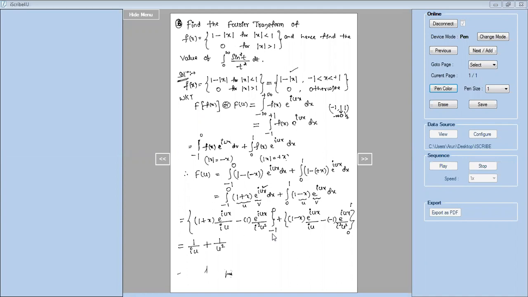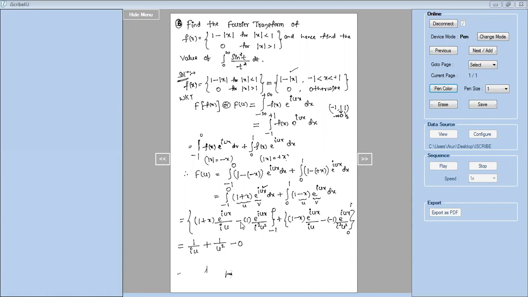Next, lower limit, put x is equal to minus 1. If I put minus 1 here, it is 1 minus 1, 0. So this term becomes 0. So upper limit minus lower limit, so it is minus 0. Now put minus 1 here. If I put minus 1 here, it is e power minus i into u by i square u square. But you know i square is minus 1.